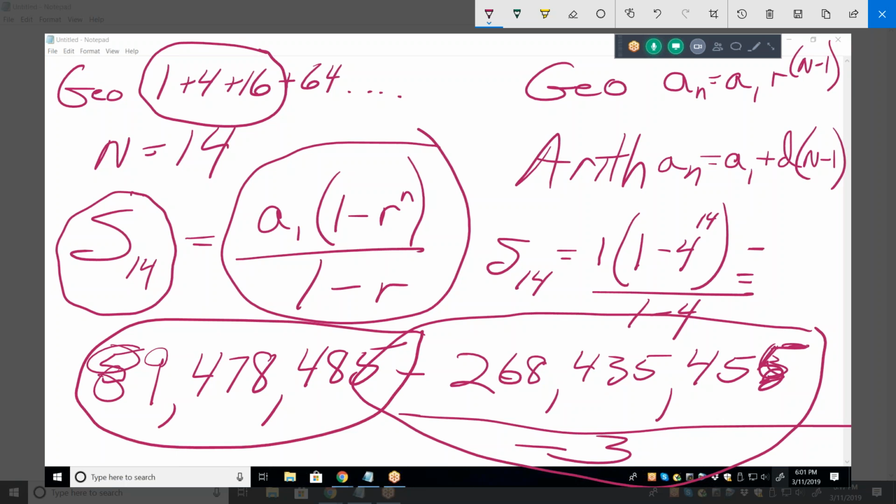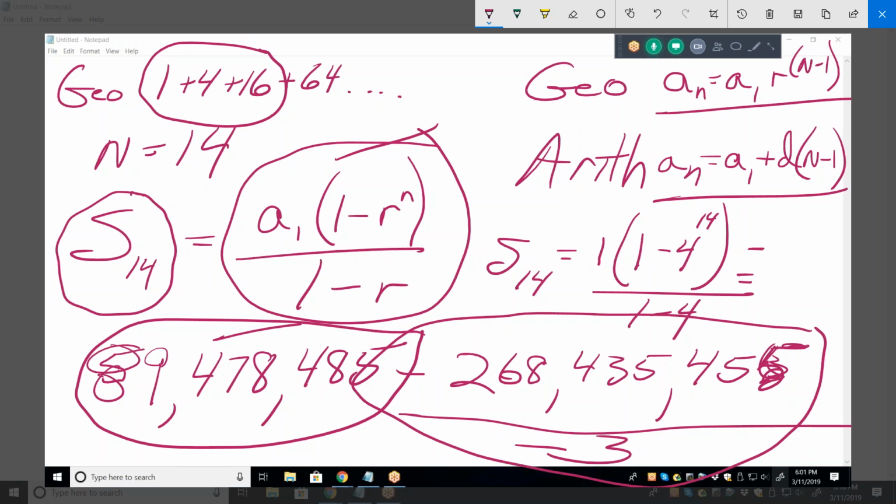Now, that's how you do it. Okay? So the secret to all of these really is memorizing the nth term formulas and the sum formulas. Now there's also a sum formula for an arithmetic series that's different than this one.